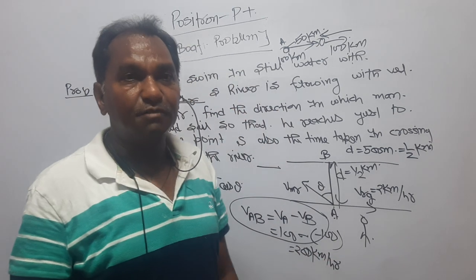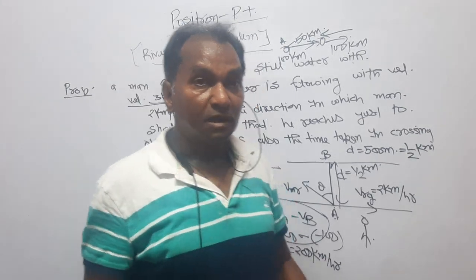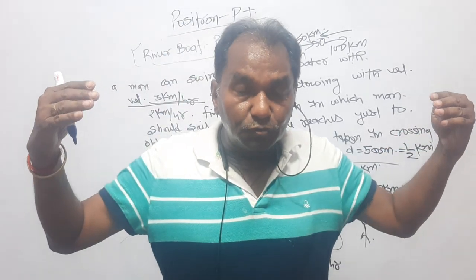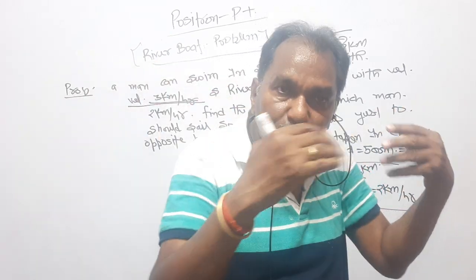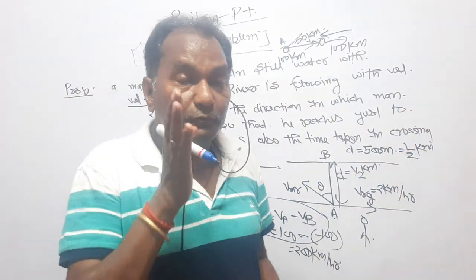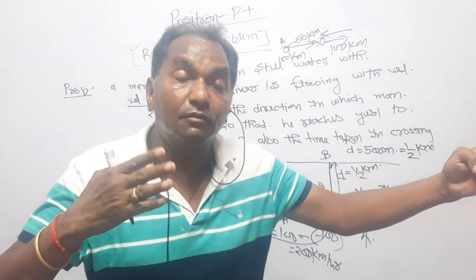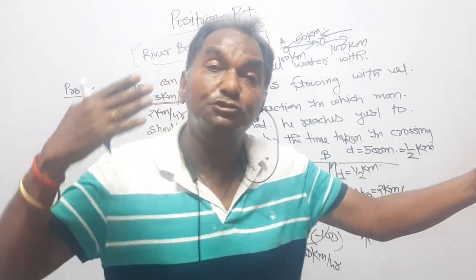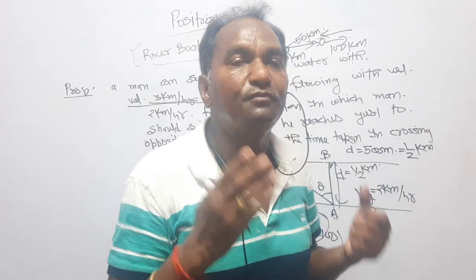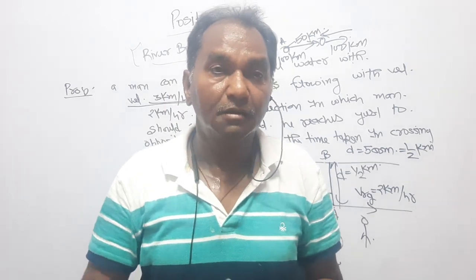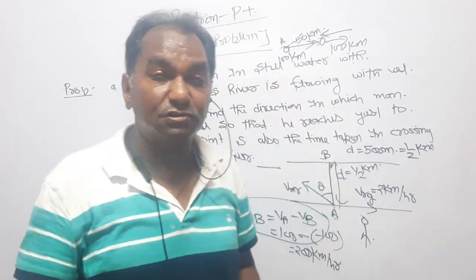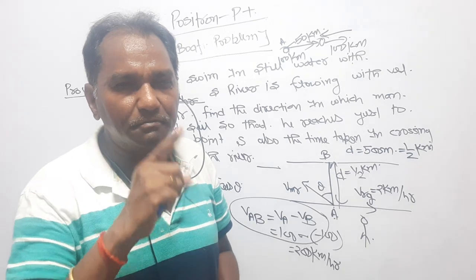Dear students, it means VAB. Initially the two trains are moving with velocity 100 kilometers per hour and approaching each other. Now, if B is at rest, then A has to travel with velocity 200 kilometers per hour. VAB is the velocity of A with respect to B. What should be the velocity of A when B is at rest?